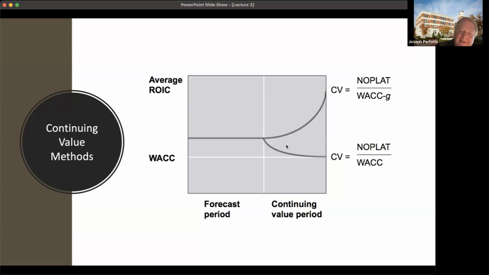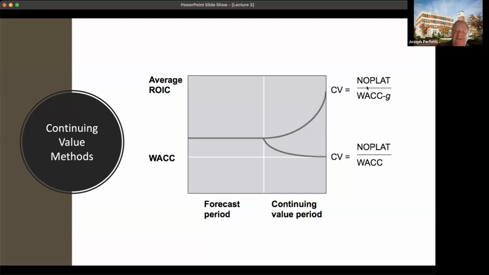And so it essentially tends to move the value of the firm close to a zero spread over time. When you use a straight growing perpetuity, NOPLAT over R minus G, cash flow over R minus G, it actually assumes exponential growth of your ROIC over time because you're going to grow at the growth rate.